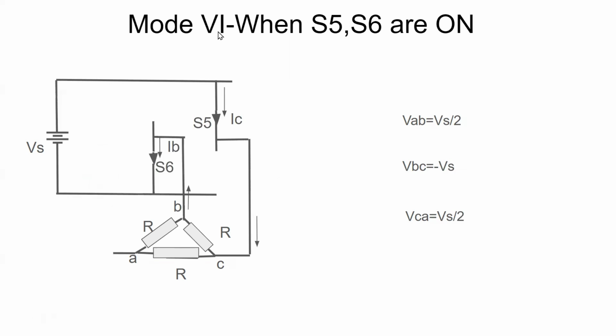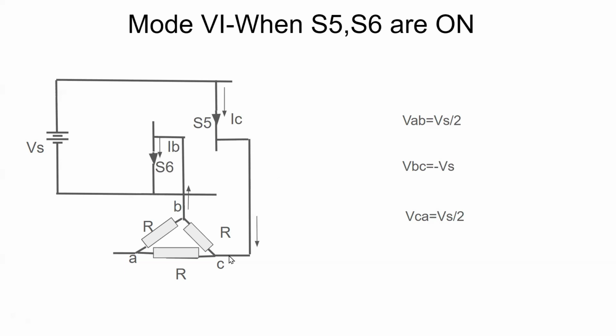And this is mode 6, during which S5 and S6 are in the on condition. B terminal is connected to minus Vs through S6. C is connected to plus Vs through S5, and A terminal is kept open.